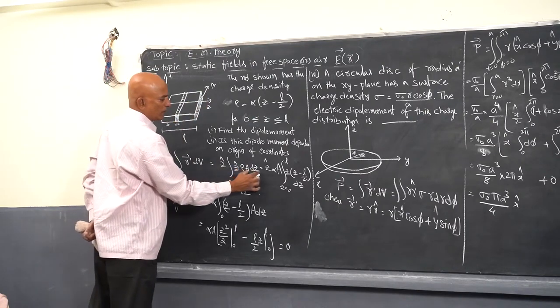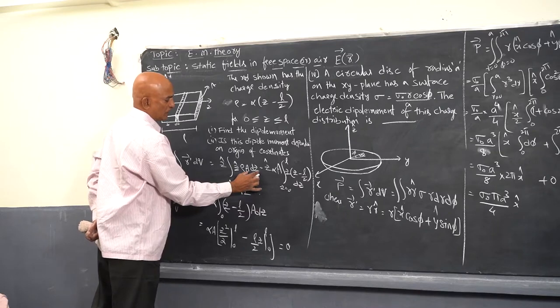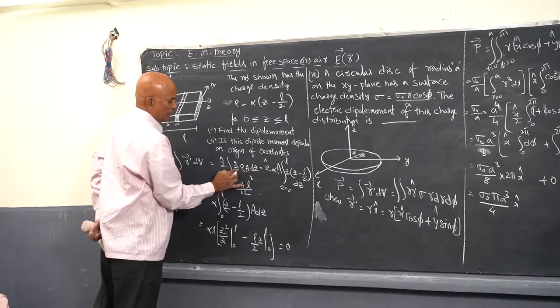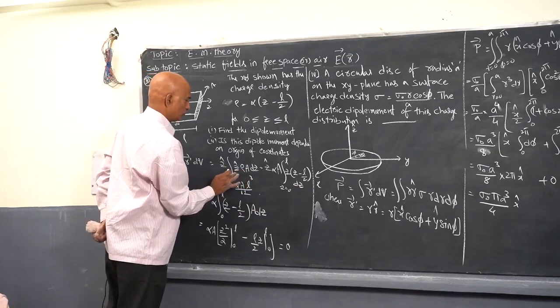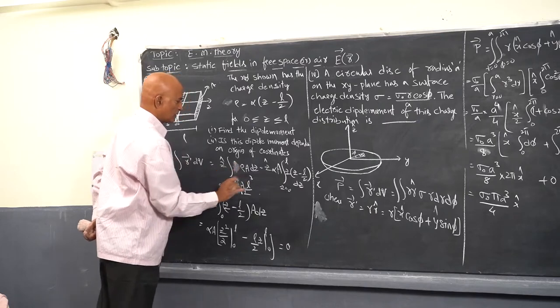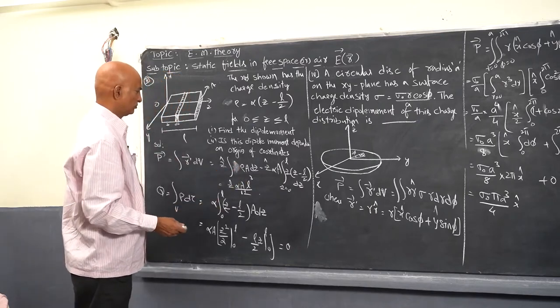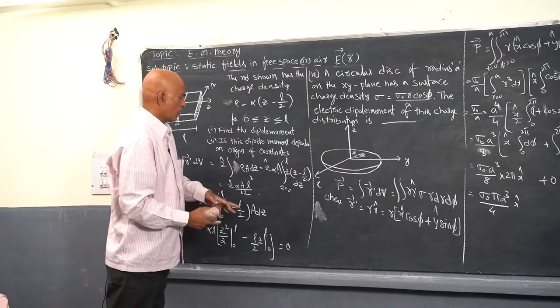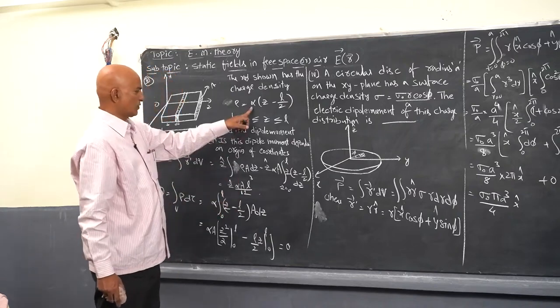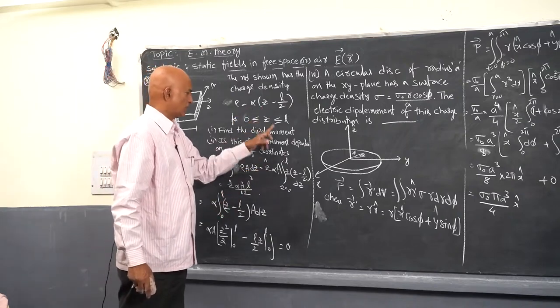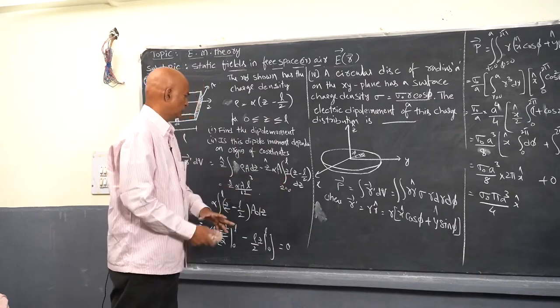In place of the volume element d tau prime, I have written A dz, times rho, times z cap. So now in place of rho, I am writing the value alpha into z minus L by 2.